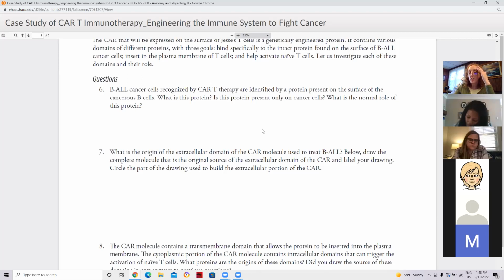So CD19 is going to be found on cancer cells because it gets downregulated when that cell is activated to become plasma cells and memory cells. Does that help?